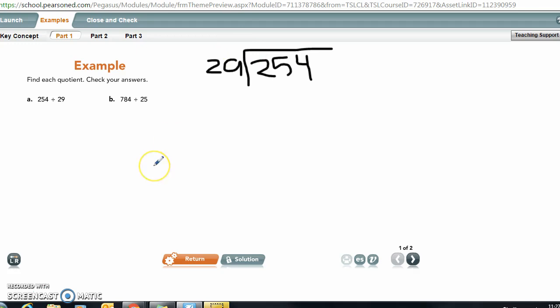So I'll say 29 is about 30, okay? And 254 is about 250. So ask yourself, well, how many times will 30 go into 254? And you can guesstimate. Well, 30 times 1 is 30, times 2 is 60, times 3 is 90, times 4 is 120, 30 times 5 is 150, and you can keep going through.